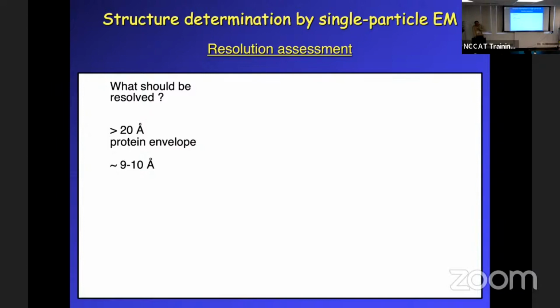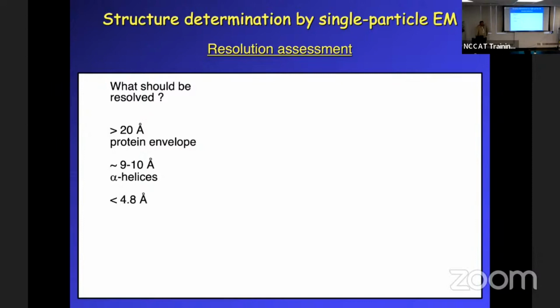Parts of secondary structure. Which part? You might see rods at that point. Alpha helices. Exactly. You should start to see rods that represent alpha helices.